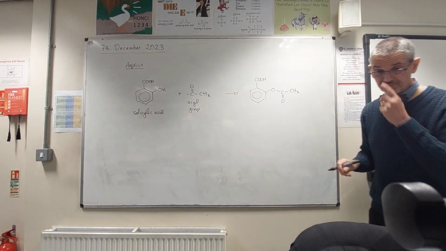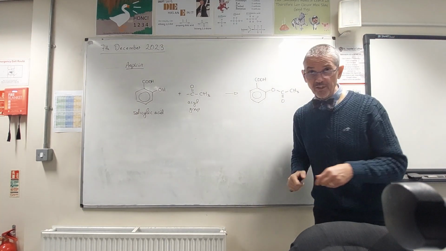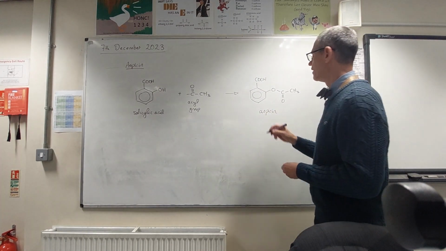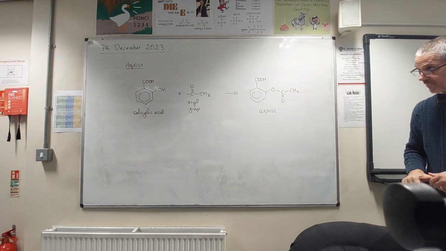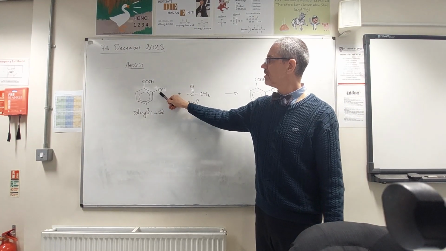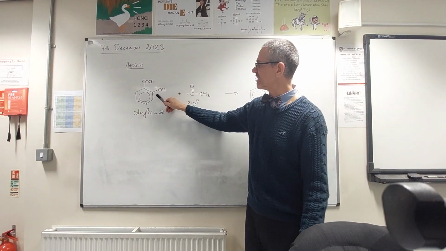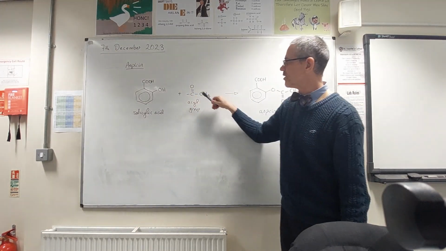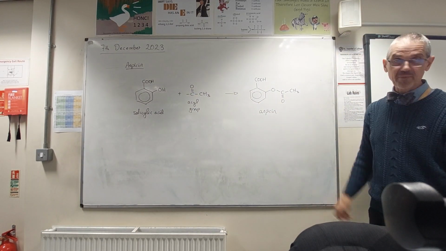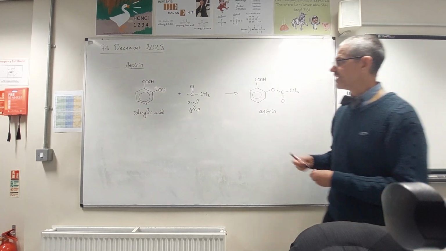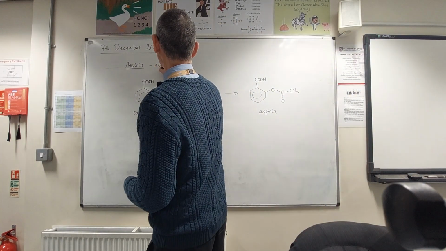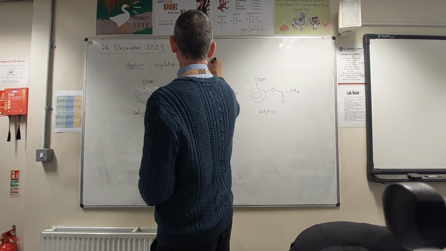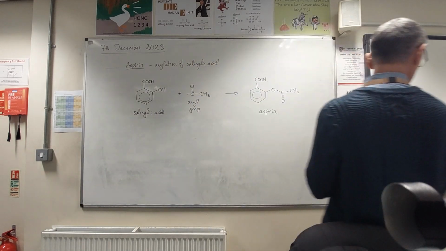And that is, well, it used to be called acetyl salicylic acid, but we'll just call it aspirin. So we've got the OH group on the benzene ring. Again, don't worry about what a benzene ring is. It's just a ring of carbons there. The important bit is we're taking an OH group, adding our acyl group, and we're making aspirin. So you can see how that is acylation of salicylic acid.